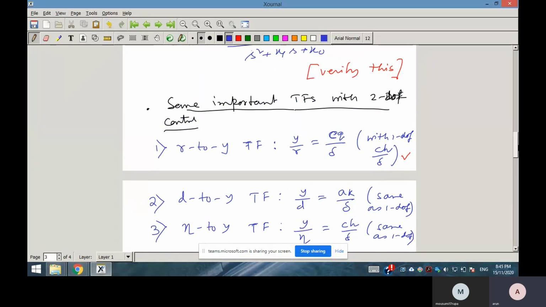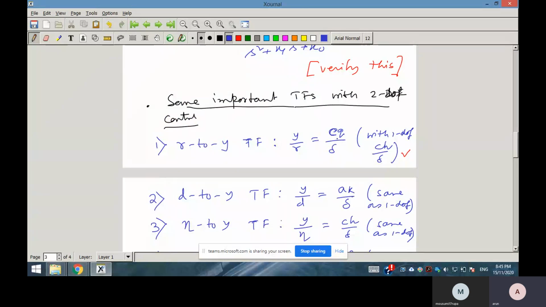Why? Because you can easily see what your TYR is. TYR is CQ by delta. So now you can see, what is the order of Q? The order of Q is M. And what is the order of delta?